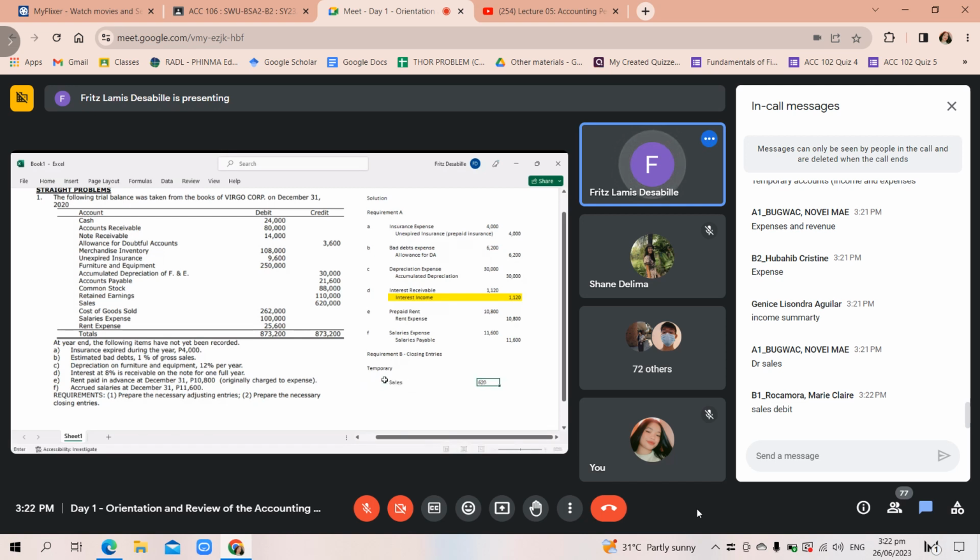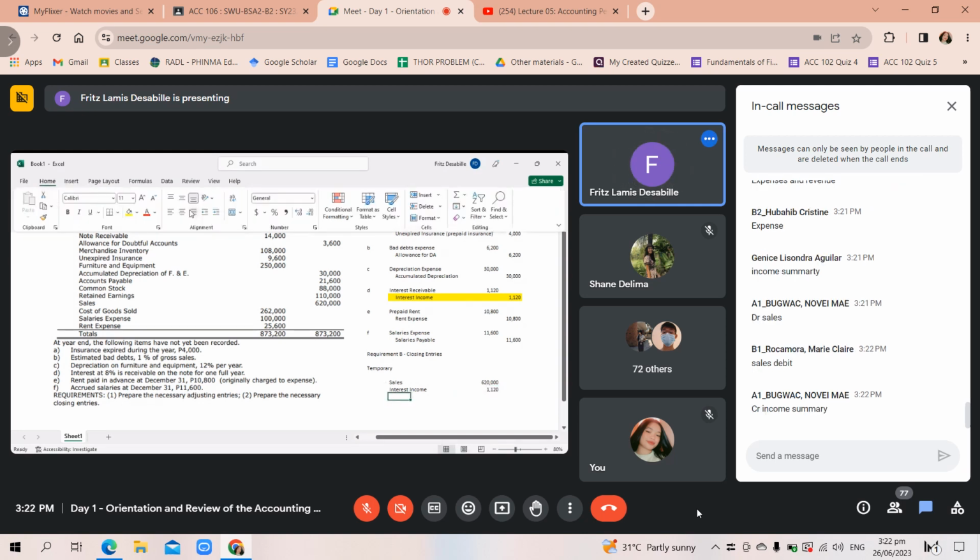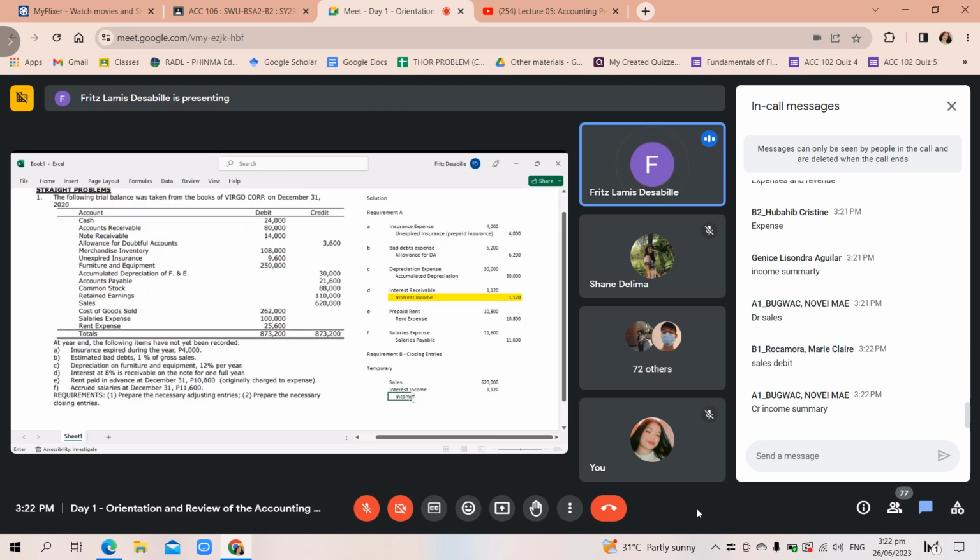So to close interest income, also debit, 1,120. Where do we credit, guys? What do we credit here? Credit income summary. Very good, 621,120.